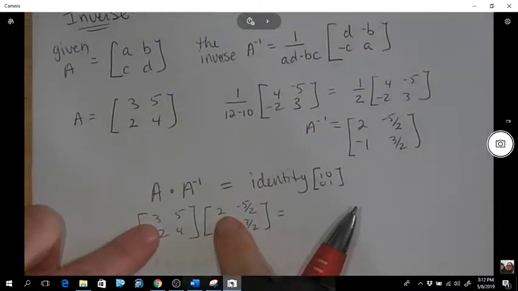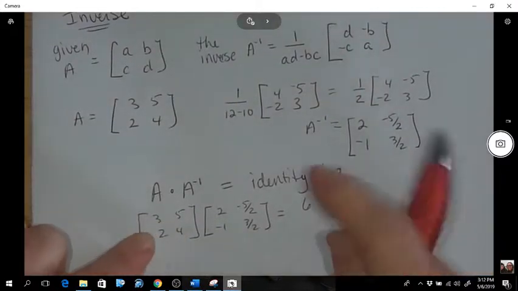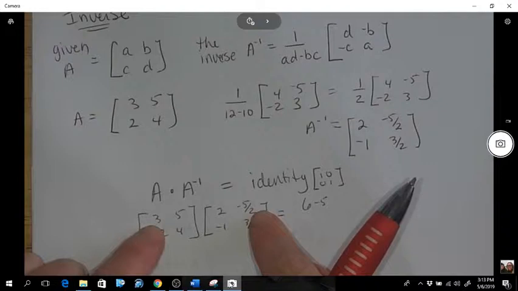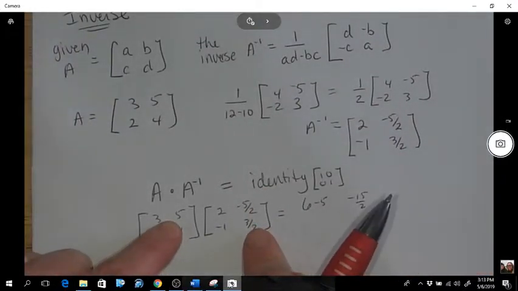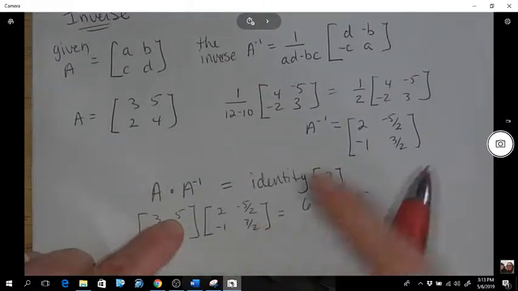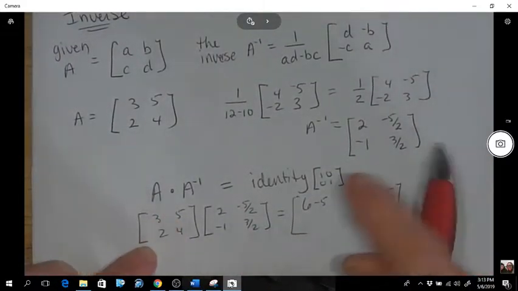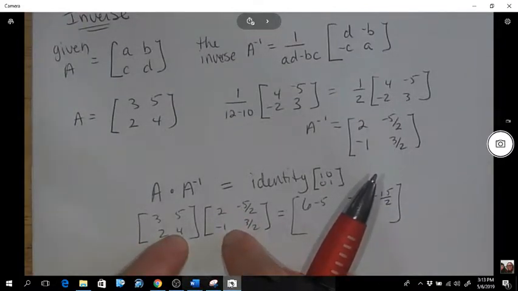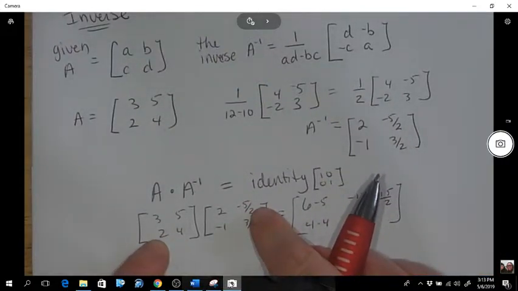Okay, so this is 6 minus 5. Now when we do this combination, we get negative 15 over 2, positive 15 over 2. Row 2 combinations, we get 4 minus 4, and we get negative 5, because that's negative 10 over 2.